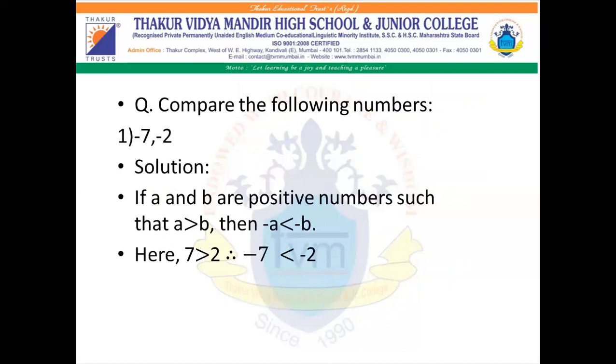Compare the following numbers. First question, -7, -2. If A and B are positive numbers such that A is greater than B, then -A is smaller than -B. Here, 7 is greater than 2. Therefore, -7 is smaller than -2.